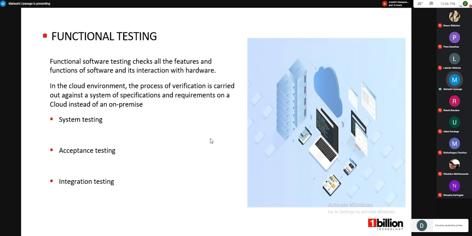And at last we have integration testing, which ensures that the application is compatible with different platforms and works well, let's say, when moving from one cloud infrastructure to another. So these are the functional testing types in cloud-based testing.